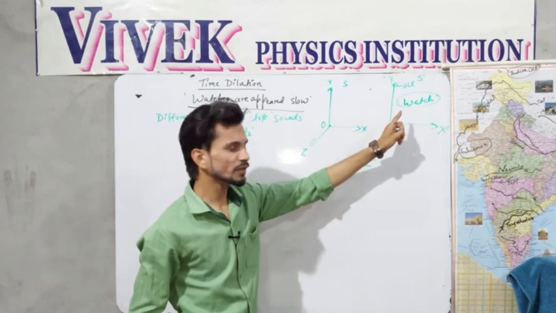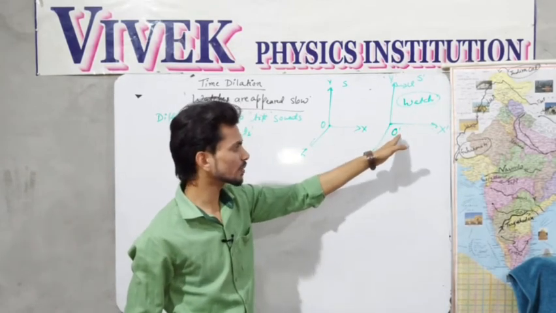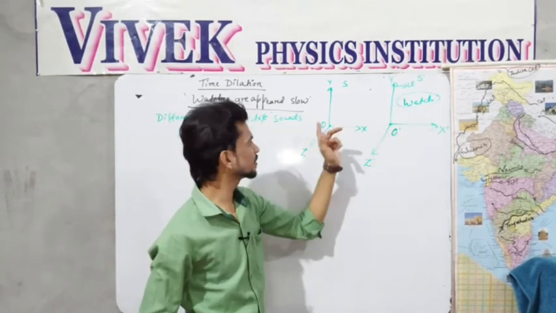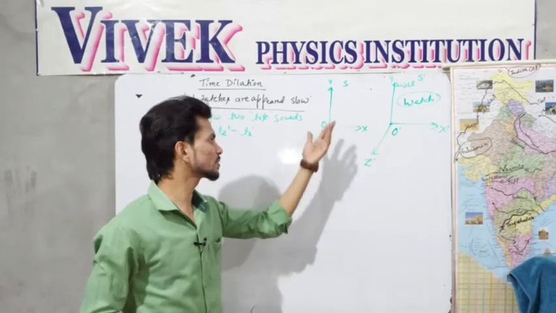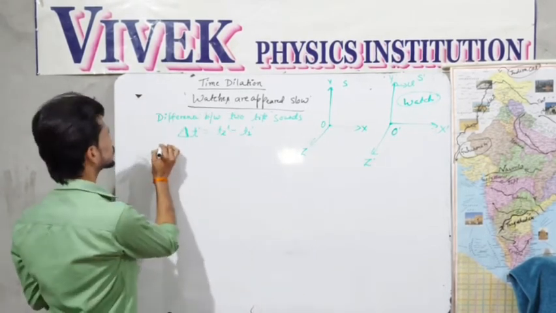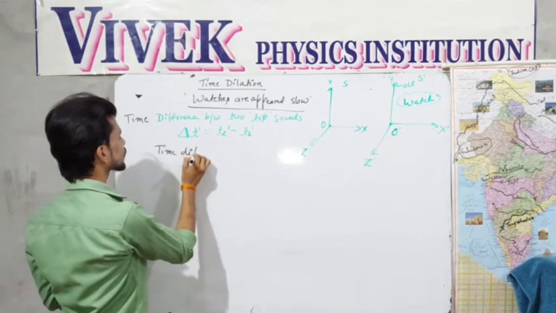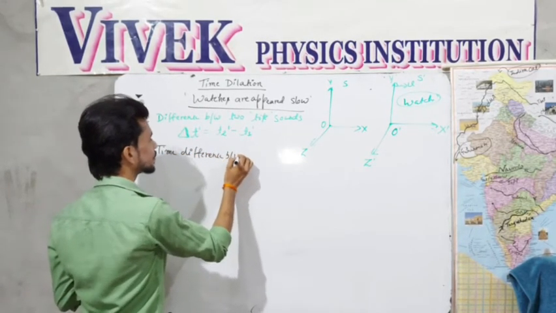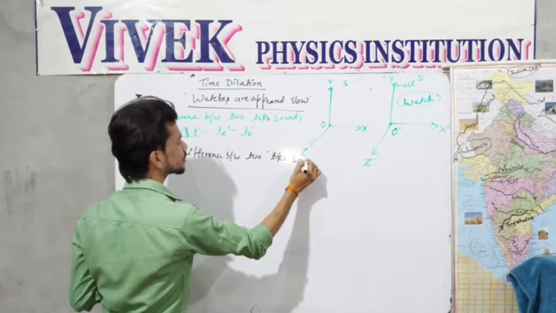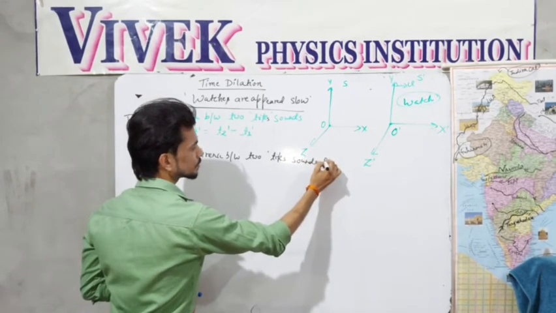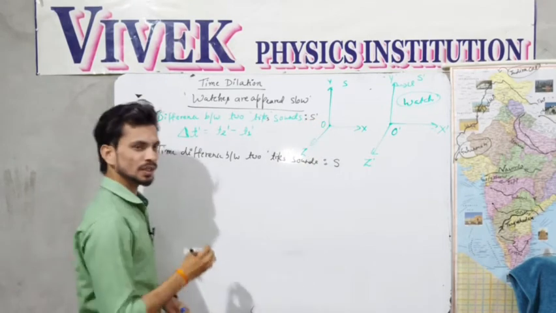The two tick sounds which are heard at time t1 dash and t2 dash respectively by this observer O dash, when these two tick sounds are heard by another observer O here, then the time difference between two tick sounds heard by an observer O in the frame of reference S will be delta t.